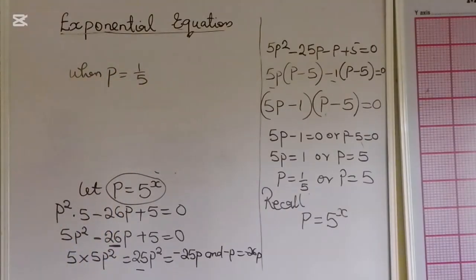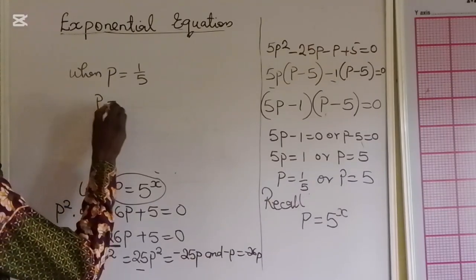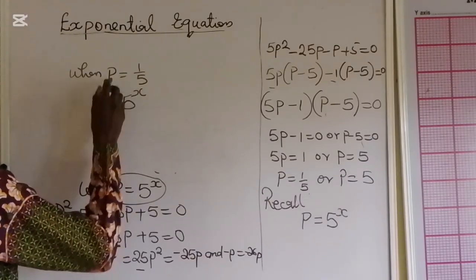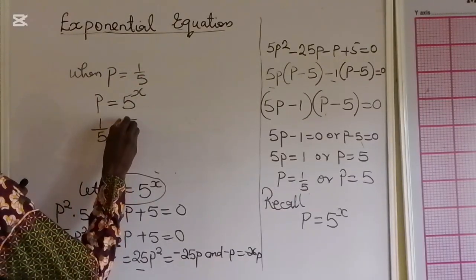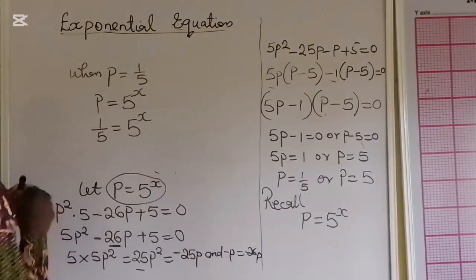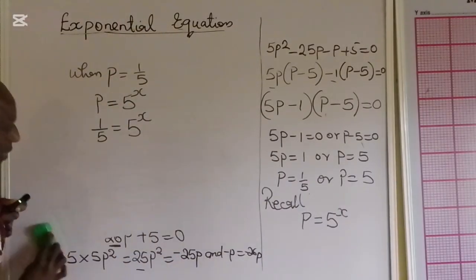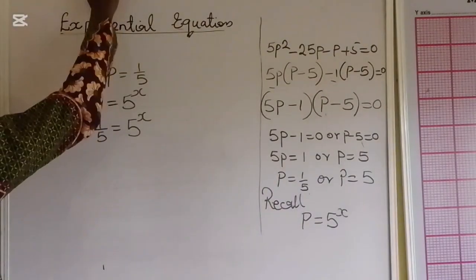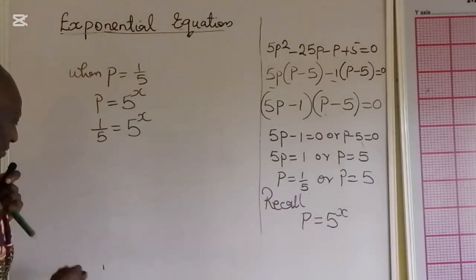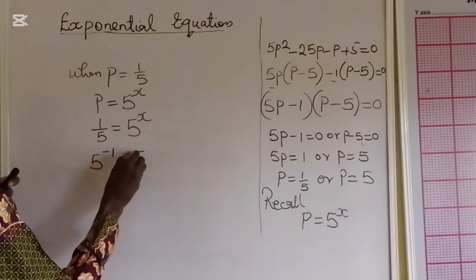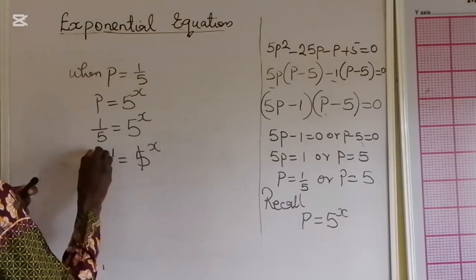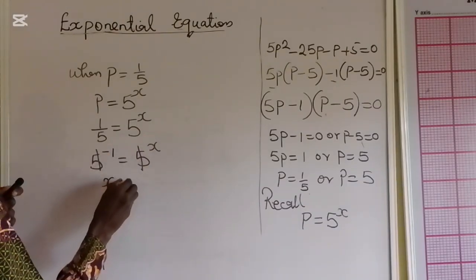Since p is equal to 5 raised to power x, anywhere I see p, I will put 1 over 5. So 1 over 5 is equal to 5 raised to power x. And 1 over 5 is a positive index, so I want to change it to a negative index. Here 5 raised to power minus 1 is equal to 5 raised to power x. These are the same, so x is equal to minus 1.